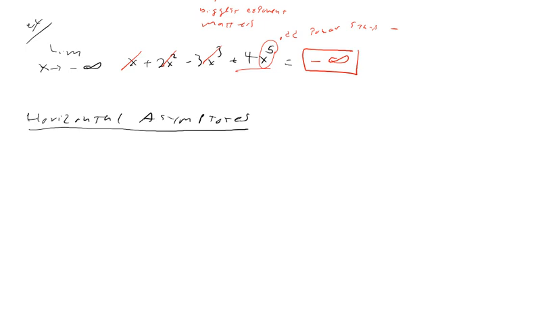For horizontal asymptotes, the only kinds of functions with horizontal asymptotes, there's only a few kinds. First, you have your exponential functions. That's like 2 to the power of x, or e to the negative x.